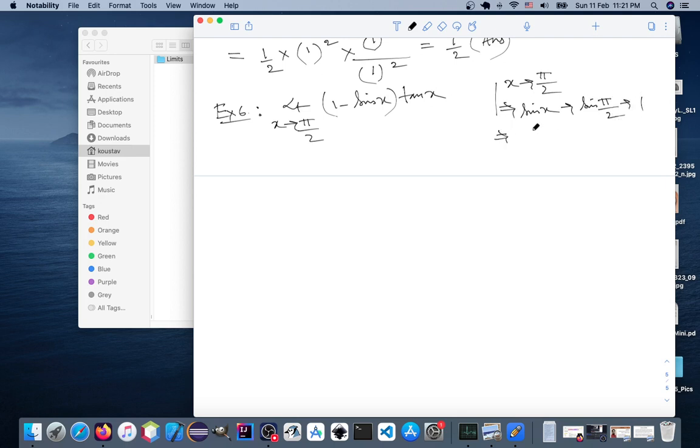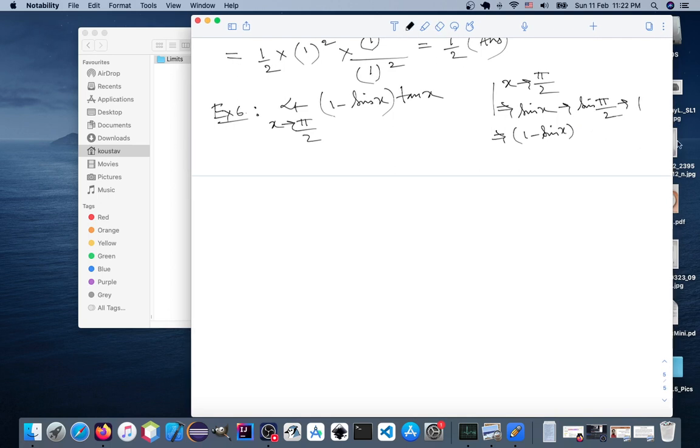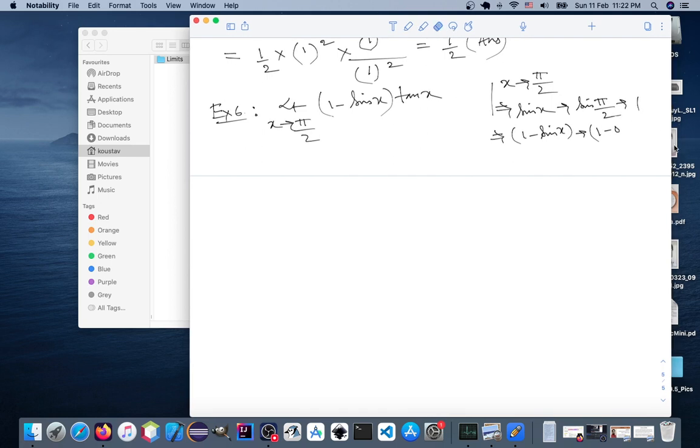This implies 1 minus sine x tends to 1 minus 1, which is 0.